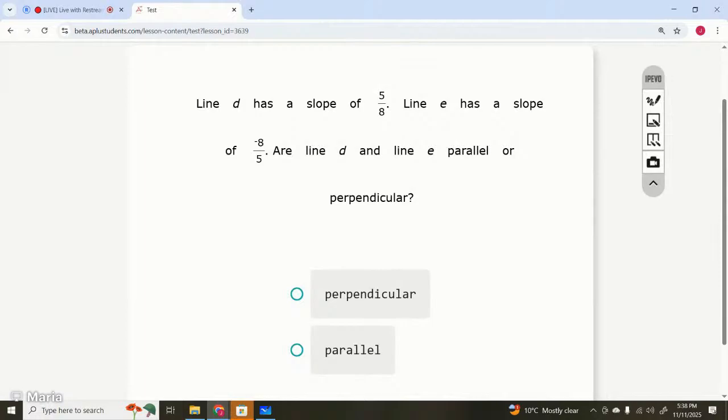Line D has a slope of 5 by 8. Line E has a slope of negative 8 by 5. Are lines D and E parallel or perpendicular?